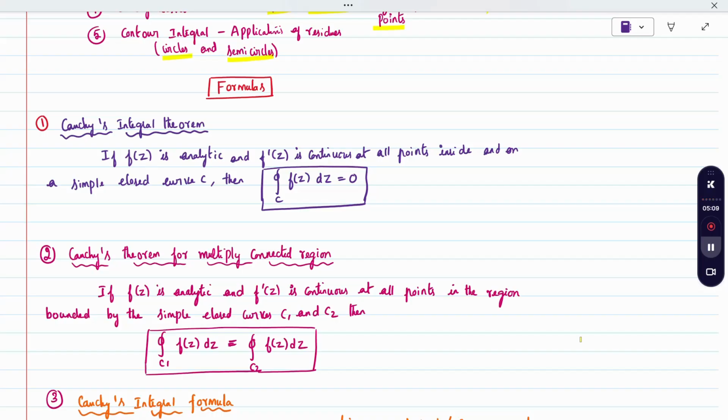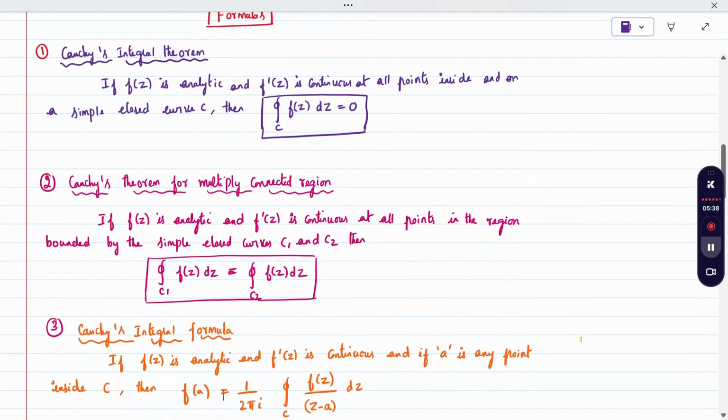We write the first equal to the second: the integral over C1 of f(z) dz equals the integral over C2 of f(z) dz. I will ask one question: if it is three curves, what happens? Extend it. If two curves are equal, the third curve is also equal. If it is four curves, all four are equal. If it is a general n curves, all the curves are equal. It goes on like that.